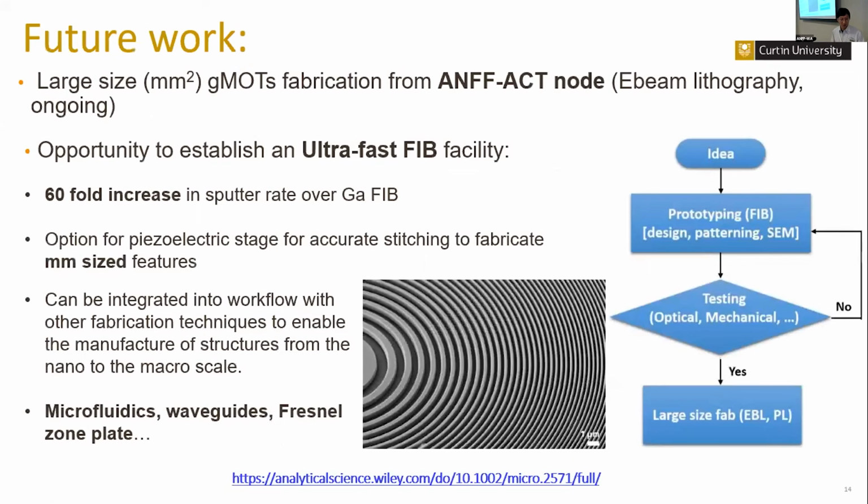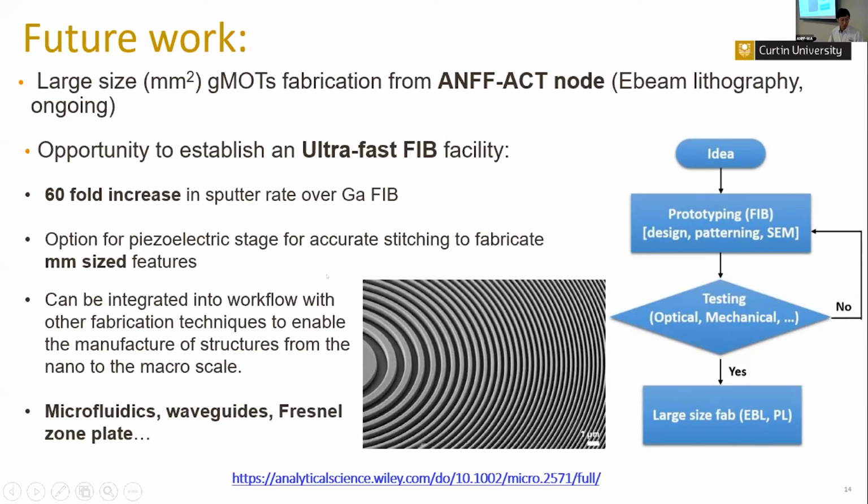So for future work of this project, we are currently collaborating with the ANFF-ACT node to scale up our fabrication of the device. We are aiming at millimeter size or tens of millimeter size GMOS fabrication, which will be based on e-beam lithography. And we are also looking for grant opportunities for an ultra-fast FIB facility, which we expect to be much faster compared to our current gallium source FIB, with accurate stitching to fabricate millimeter sized features.